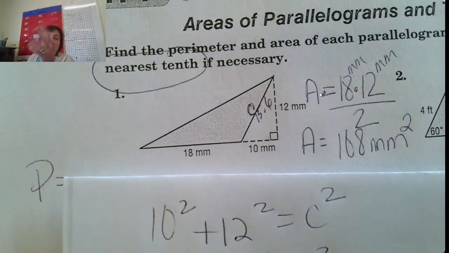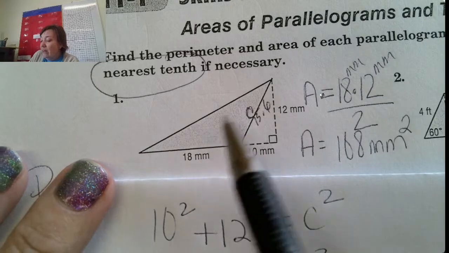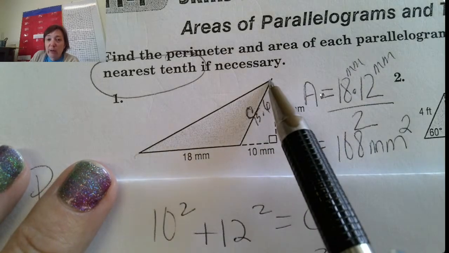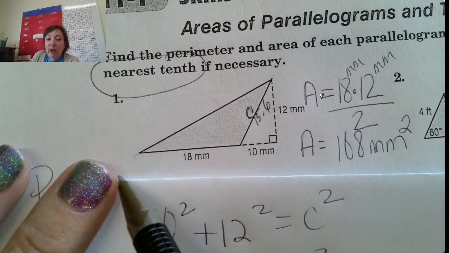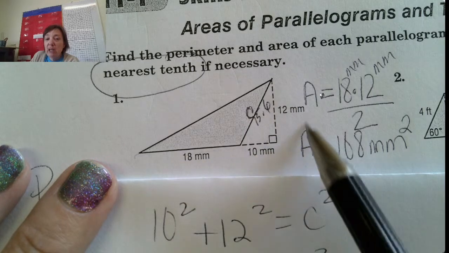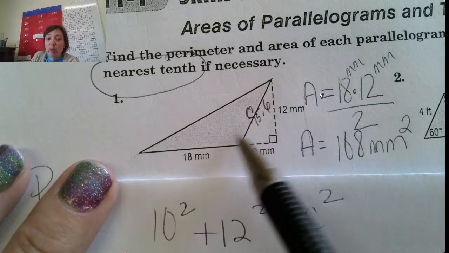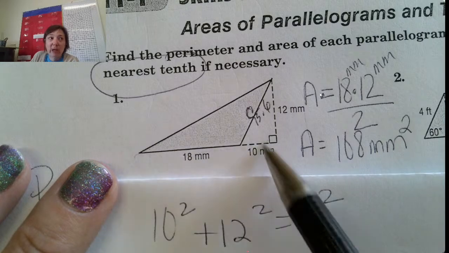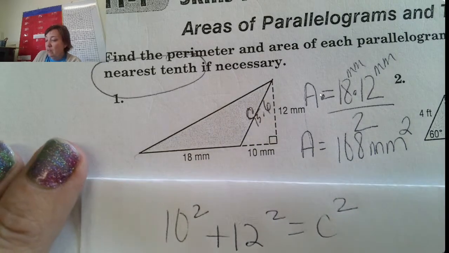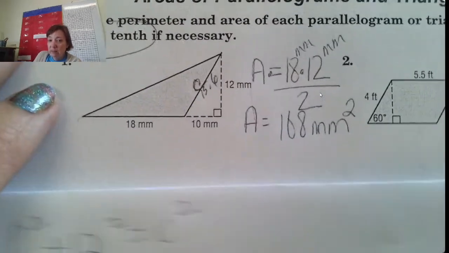Okay, we're nearly there, but we're not there yet. What do we still have to find? So we got to find this side of that triangle. But notice it's the hypotenuse of this big triangle. If you put these two triangles together, you get a big one, right? So what can we use to find that hypotenuse?